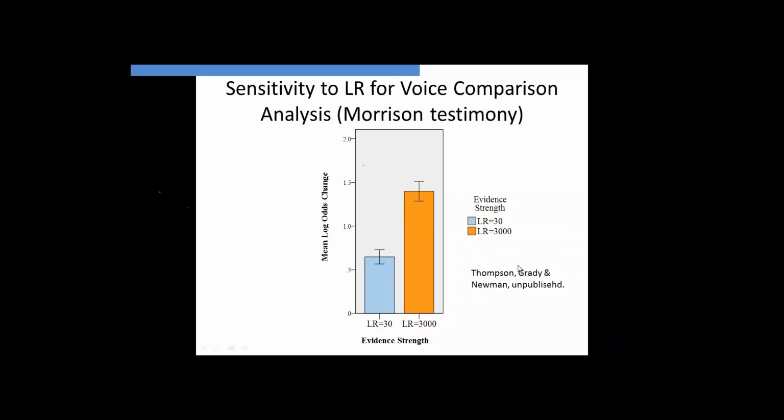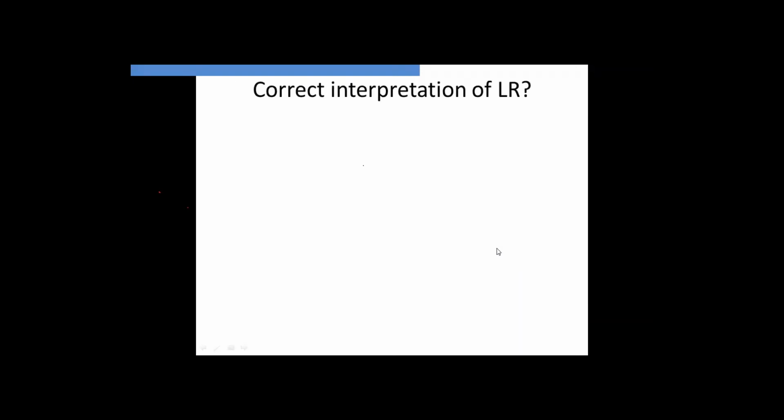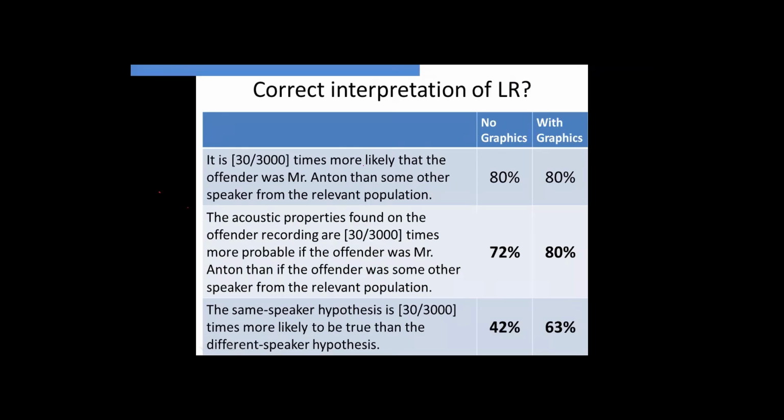The real question that was raised about likelihood ratios is whether they were correctly interpreted. When we asked people what they thought the statements about likelihood ratios meant, a large percentage of them misinterpreted the likelihood ratios as being source probabilities.